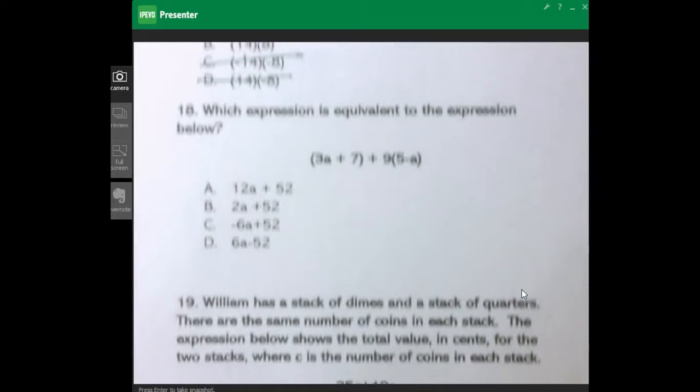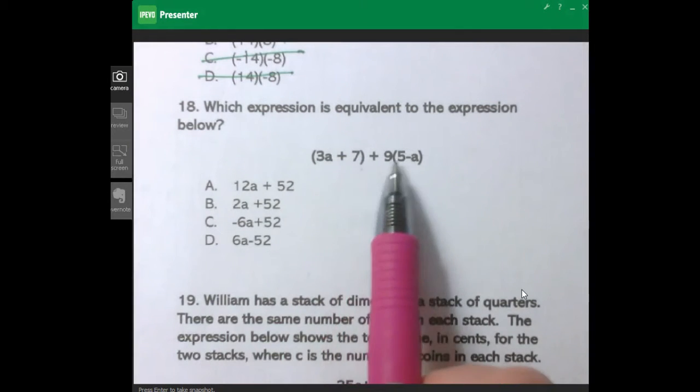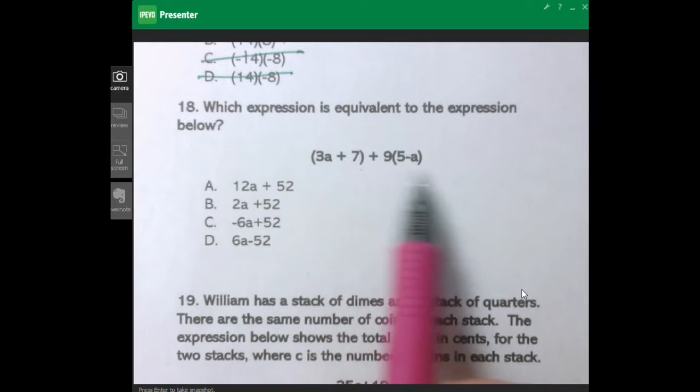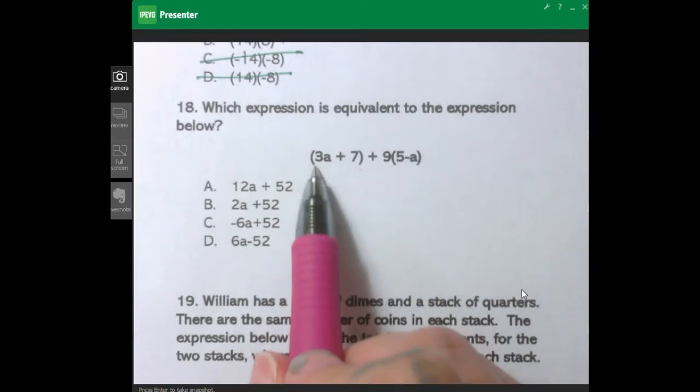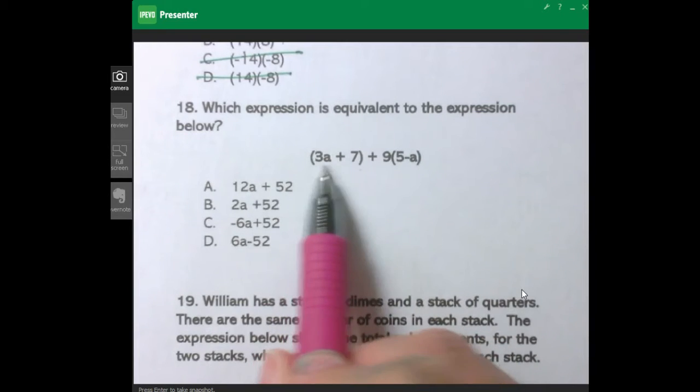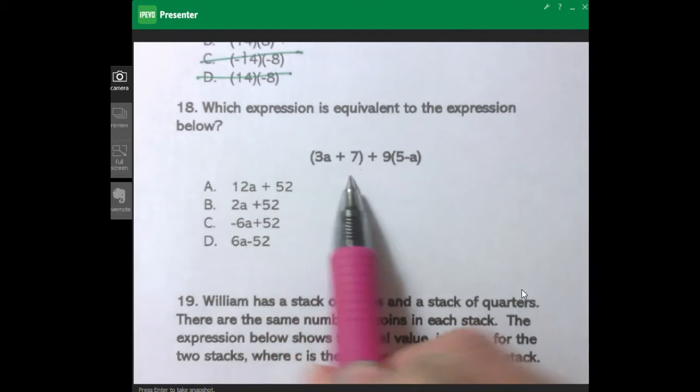Number 18. Which expression is equivalent to the expression below? Remember, equivalent, we're looking for things that are the same. So what we want to do here is see what simplifying we can do to this expression. Well, in my parentheses here, I have 3a plus 7. I can't really do anything in there, so I've got to leave those.